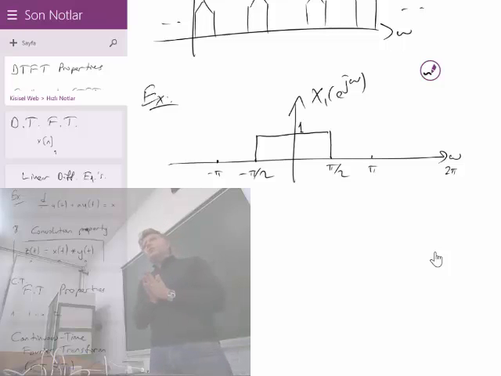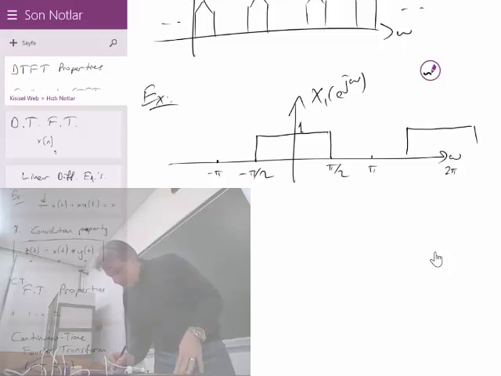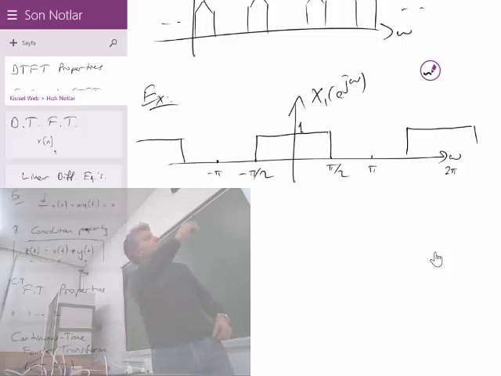But even though I may say it like this, you must automatically append the other 2 pi periodic replicas by yourselves, even if they are not given to you. And what are they? They are here. Because around 2 pi at the right hand side, as you see, another length pi low pass sequence must appear.